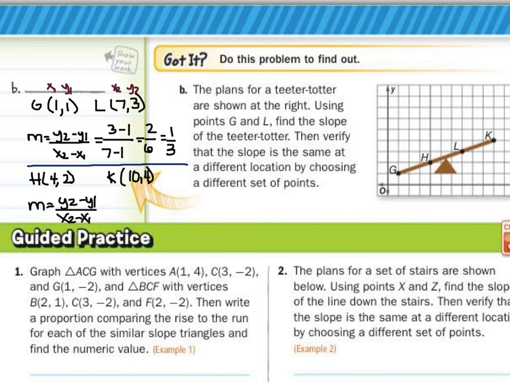If we call this time our H our x1, y1, and our K our x2, y2, we would have 4 minus 2 over 10 minus 4, which once again is 2 over 6, which again is 1/3. So our slope at both points is 1/3.